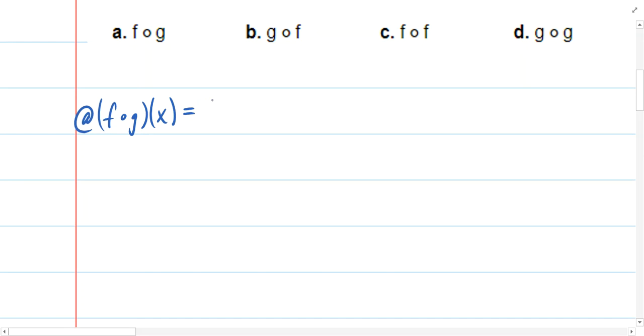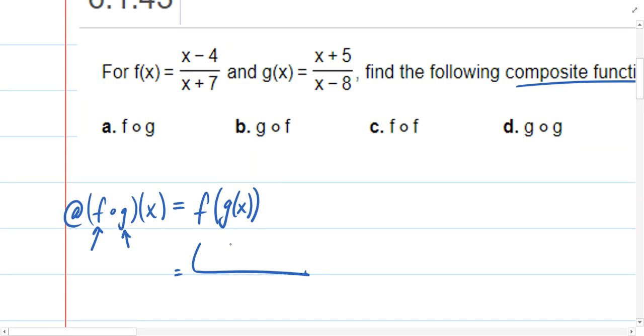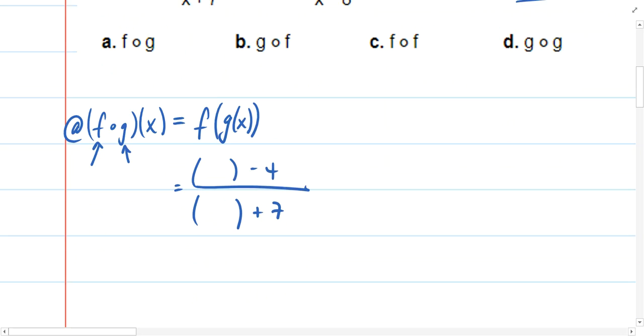And when we compose functions, that means to take this outer function, the one on the left is our outer, and replace the argument of the outer function with our inner function, g of x. So in a sense, what we're doing is we're writing or building a template based on function f. Function f is going to be something minus 4 in this case, because I'm looking at this numerator, divided by something plus 7.